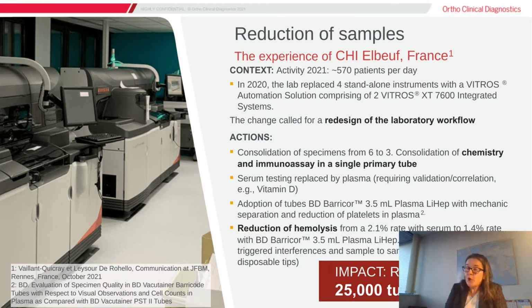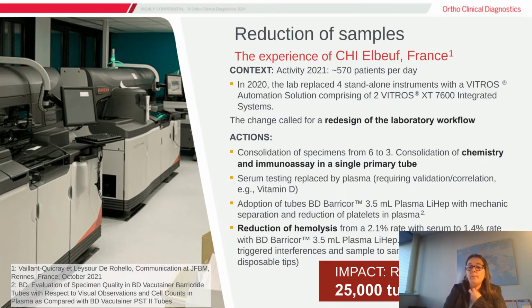The adoption of specific tubes, which are BD Barricor 3.5 milliliter plasma lithium heparin tubes, also triggered a lot of improvements. Specifically, these tubes have a mechanical separation and a reduction of platelets in the plasma.